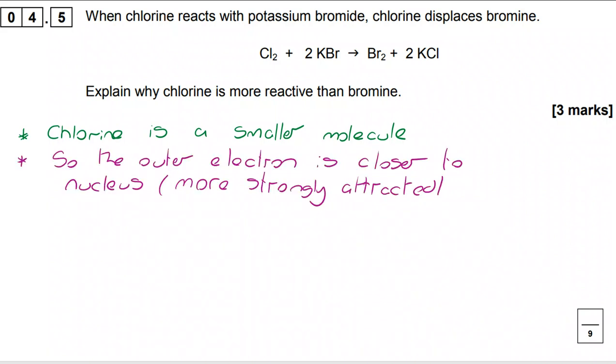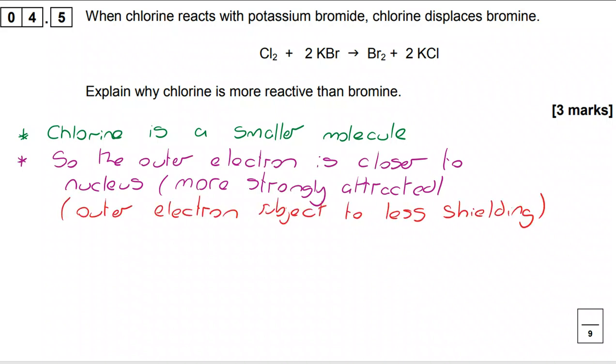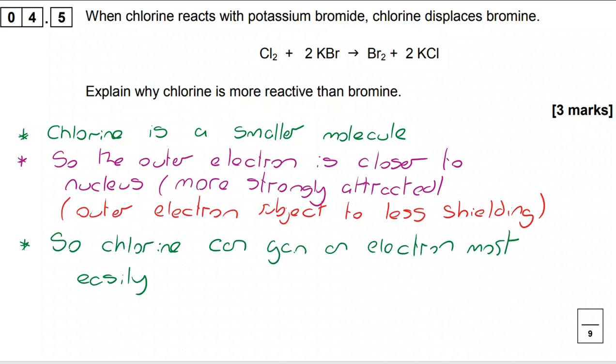And that means the outer shell and the outer electrons, or where the electron is going to come in, is closer to the nucleus. So there's a much stronger attraction. There's also less shielding, pushing that electron away that's being brought in. And that means that chlorine can gain an electron most easily. And that takes us to the end of question 4.